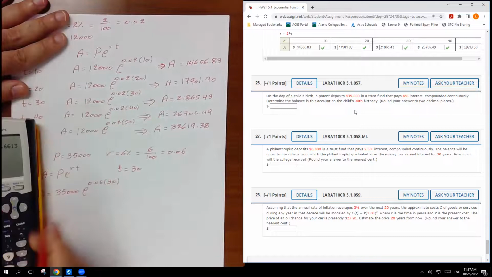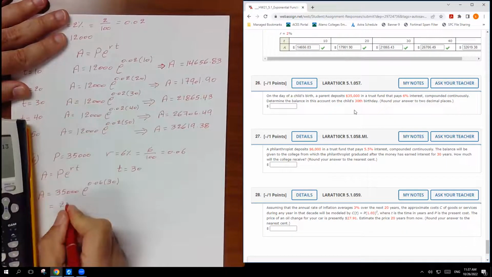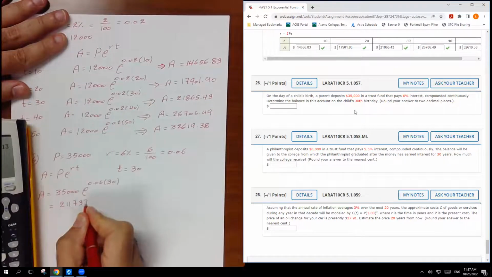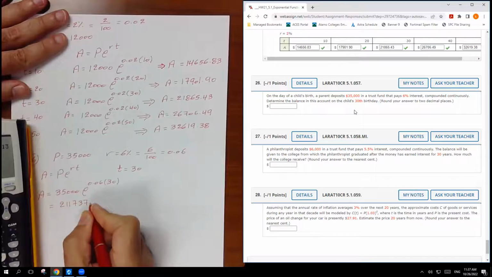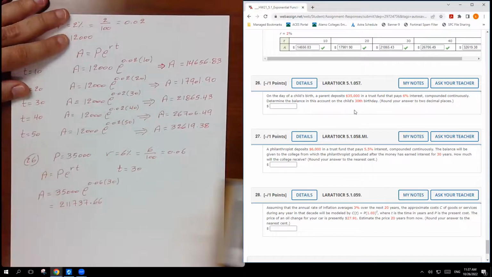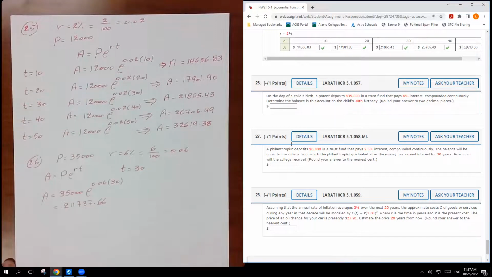The account is going to be equal to 211,737.66. So that's how much is going to be in the child's account after 30 years.